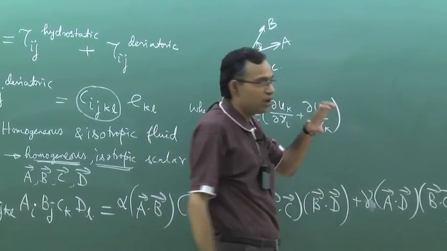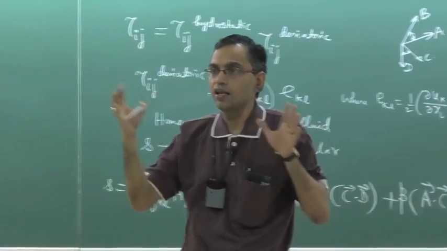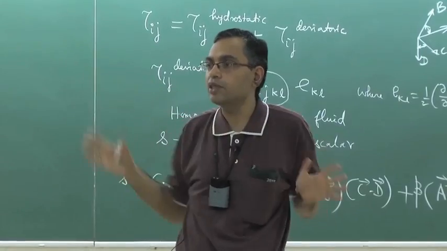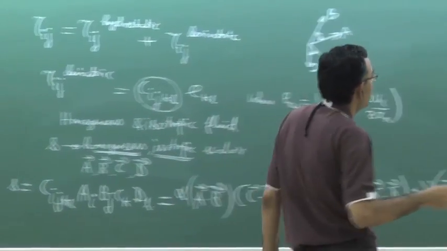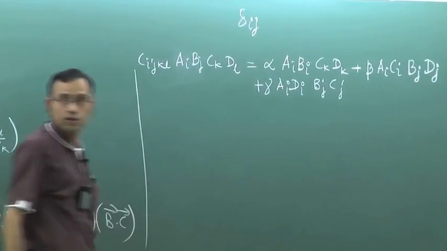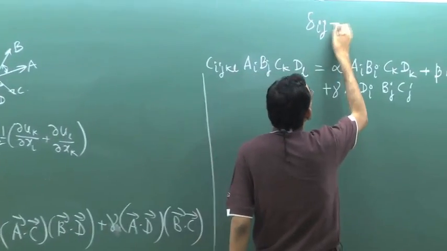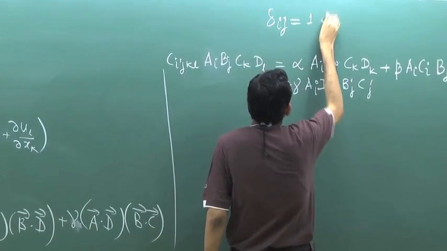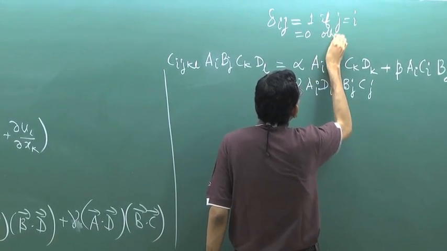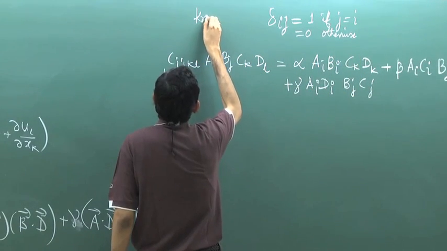Now I will show you a very interesting way of switching the indices. This i, j, k, l you can beautifully switch, from i to j, j to k, k to l, you can play with the indices. How do you do that? You use an operator delta ij, which is called the Kronecker delta. So what it does, delta ij is equal to 1 if j is equal to i and is equal to 0 otherwise.